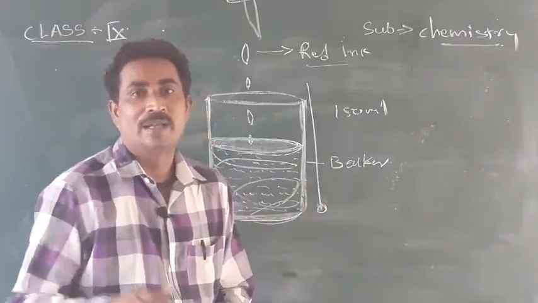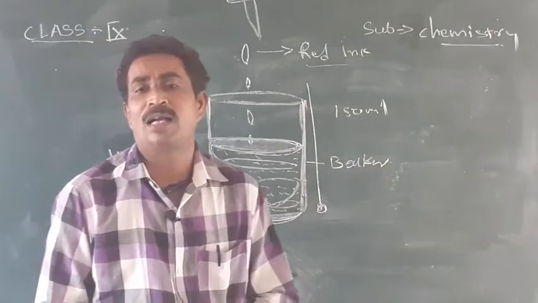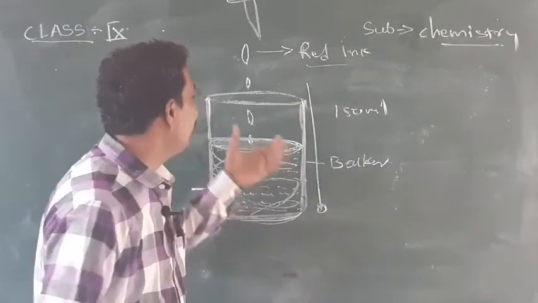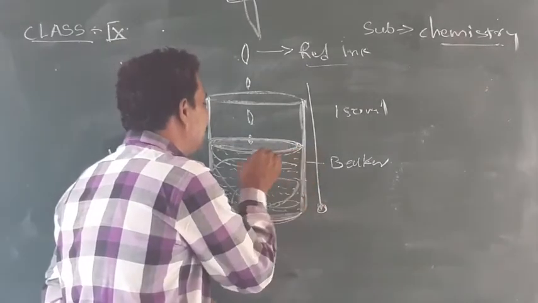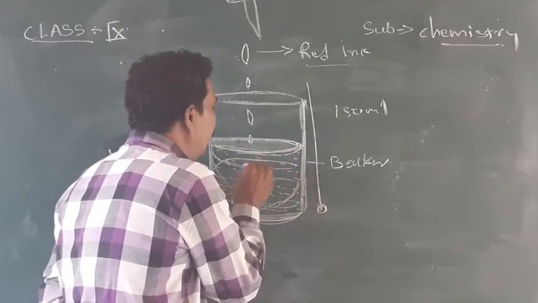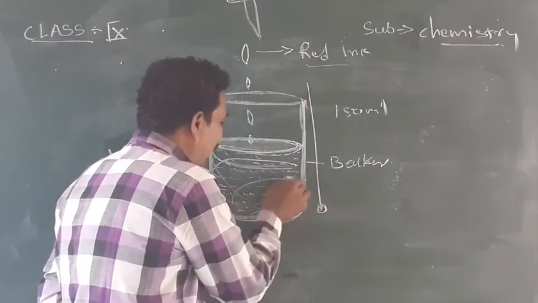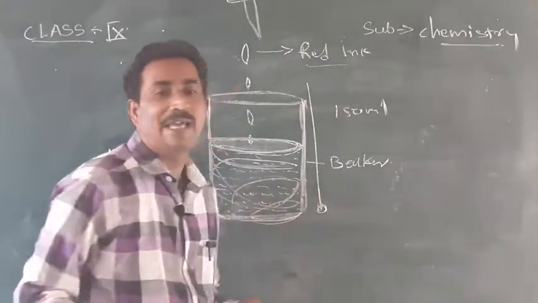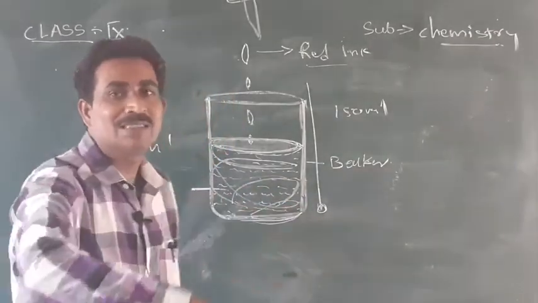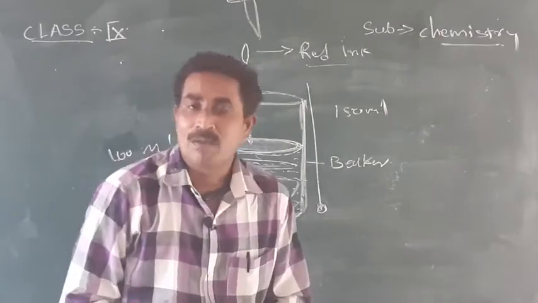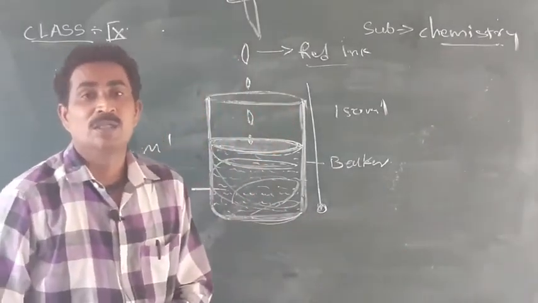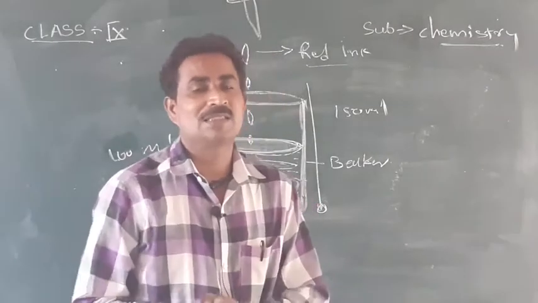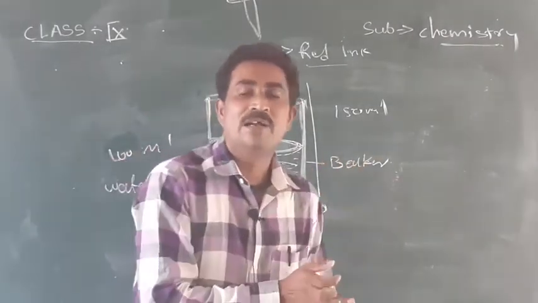What do we observe in this activity? When we add the red or blue ink, it first reaches the upper layers, then slowly again moves, and finally reaches the bottom. In biology, in the primary classes you learn osmosis and diffusion.